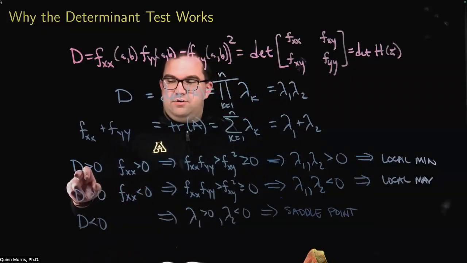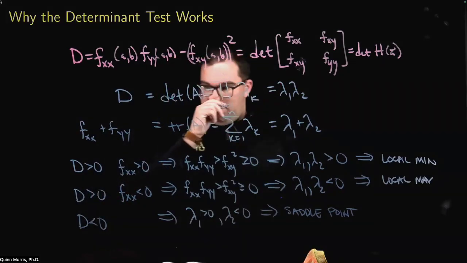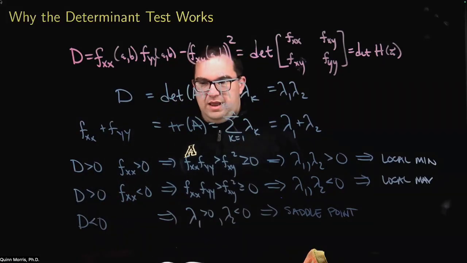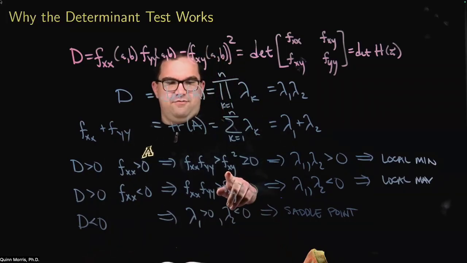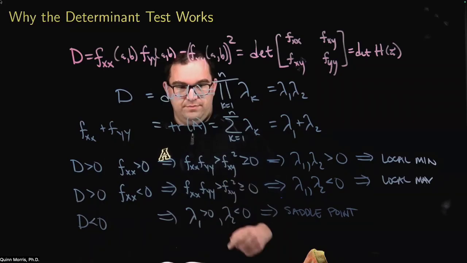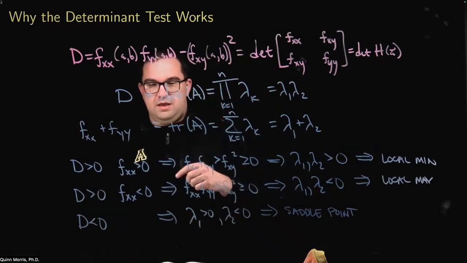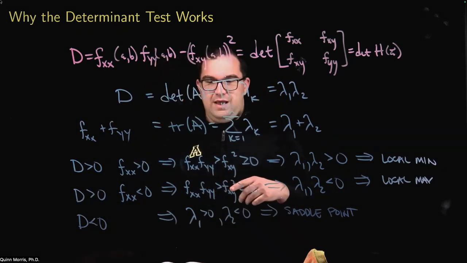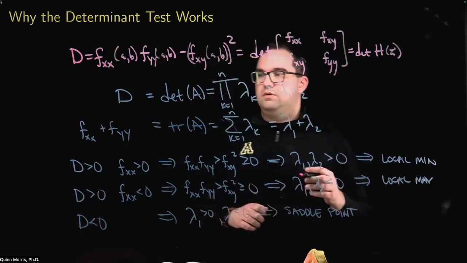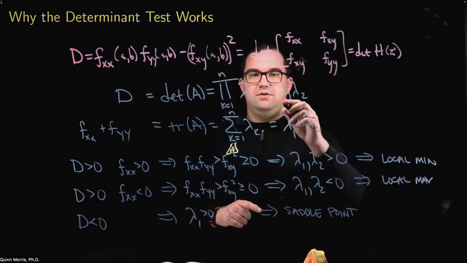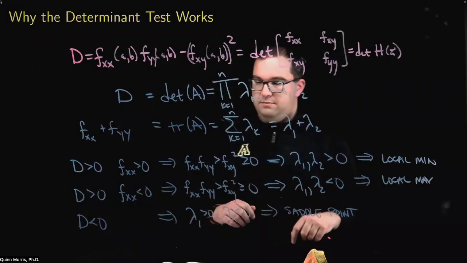So if this is going to be positive, but fxx were going to be equal to 0, well, then I would run into a problem, right? Because that would mean fxy is also 0. That's the only way all of this could work, okay? And then if you have that those things are both 0, so you have that the determinant is equal to 0, that means one of these is equal to 0.